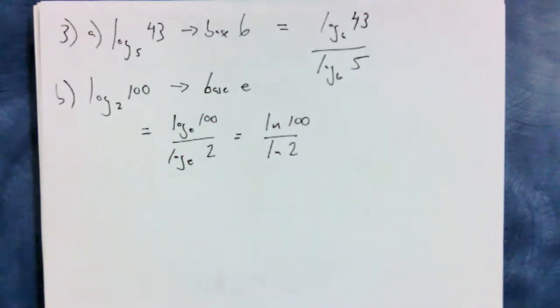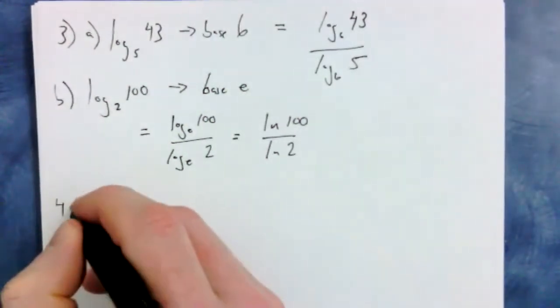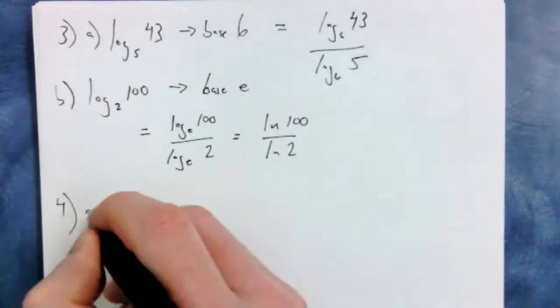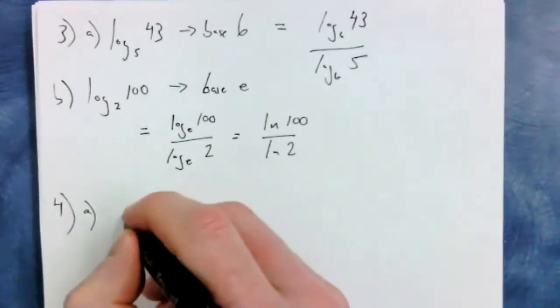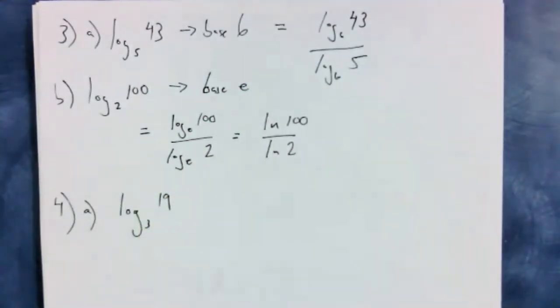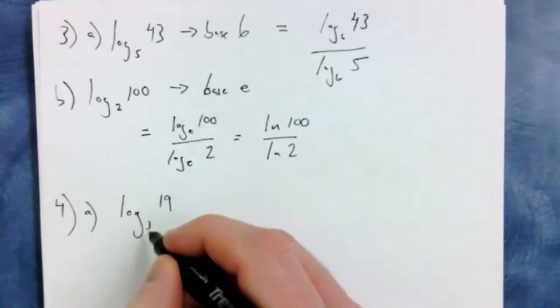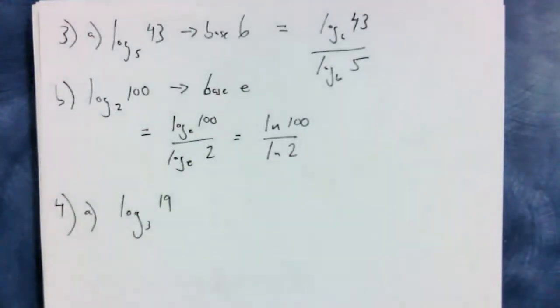And then the last example is calculator work. It's December and you get to use a calculator. This one says log base 3 of 19, and it says evaluate to the nearest hundredth. When it starts saying stuff like that, you're going to use the calculator. To do it with a base like this, some calculators might allow you to change the base. I'm just going to see if mine does.